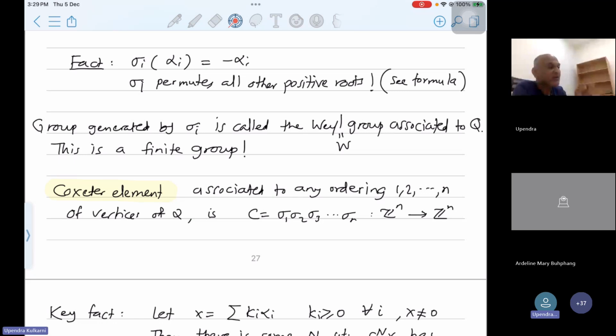So in particular, the total number of possibilities for any element of W applied to alpha_1 up to alpha_n, whatever those n images can be, is only a finite number. And the moment I tell you what the images of alpha_1 up to alpha_n are, the entire element is decided. It's a linear map. So W is a finite group.